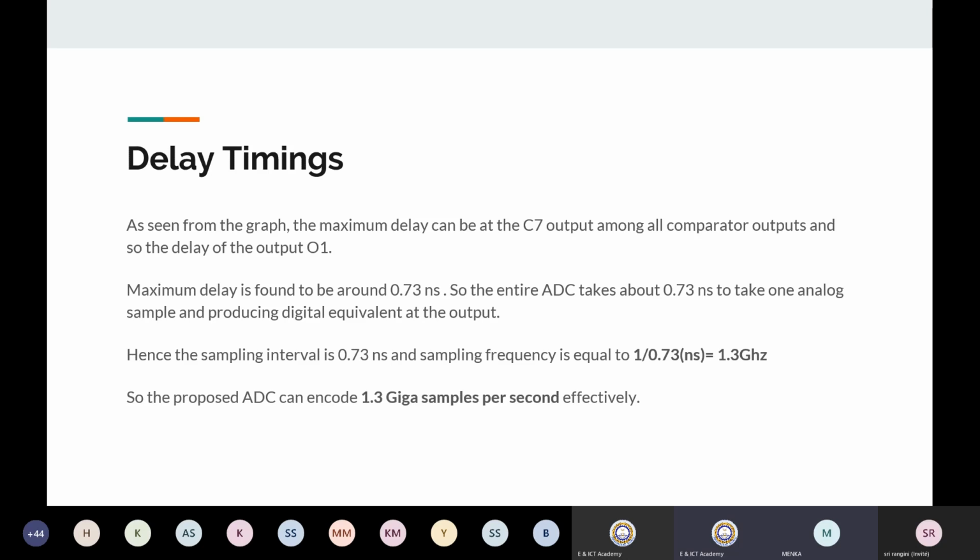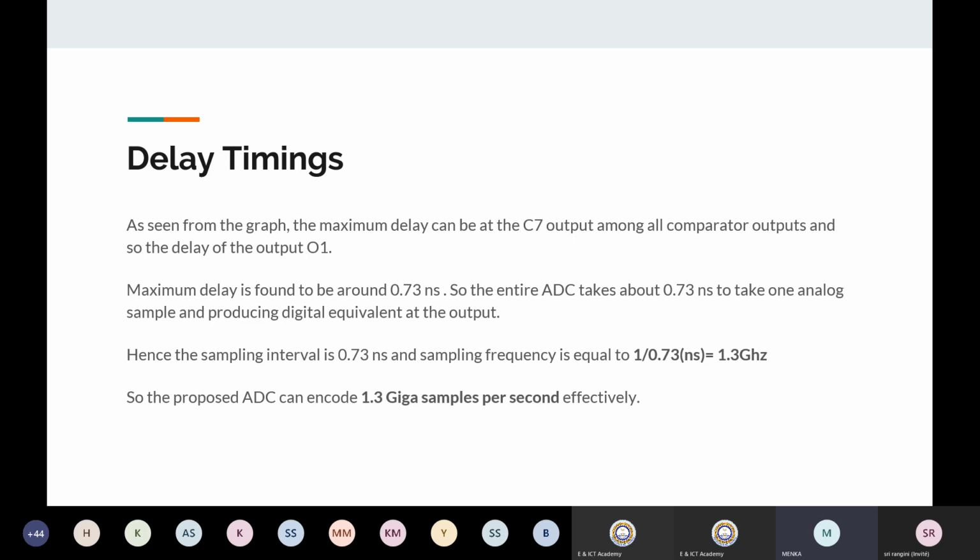So in the next slide, slide number 15, delay timings are given, and the maximum delay was found to be 0.73. You can calculate this delay from the simulations. This is the time which the entire ADC takes to settle down the output. We call that settling time.